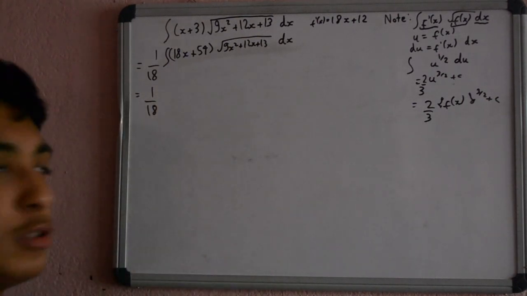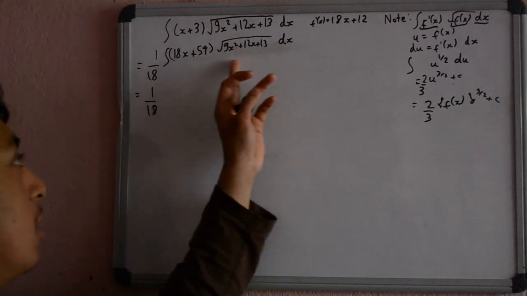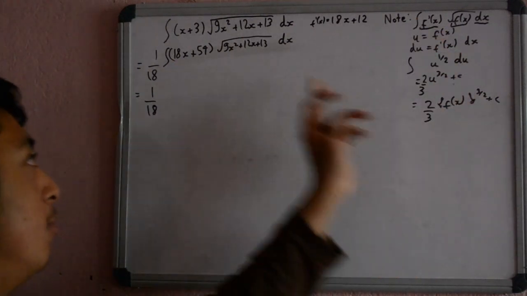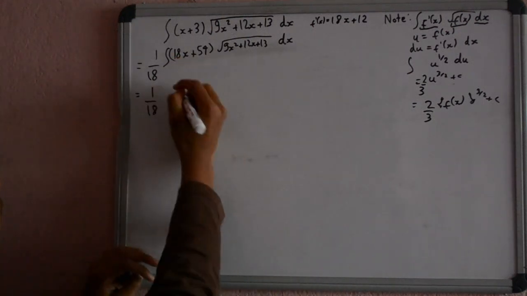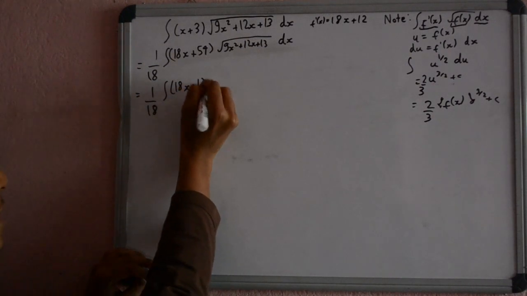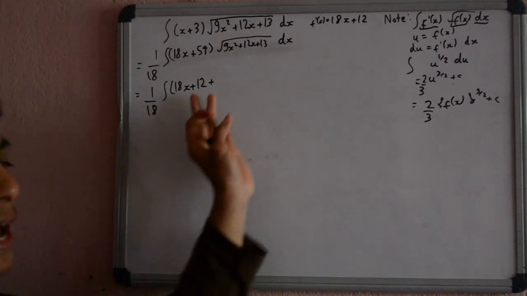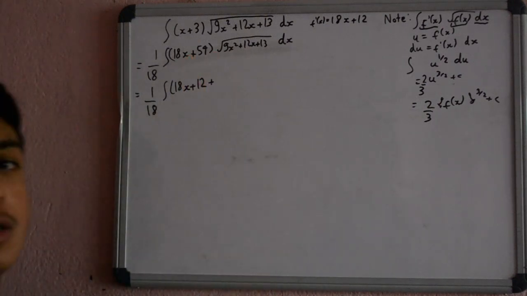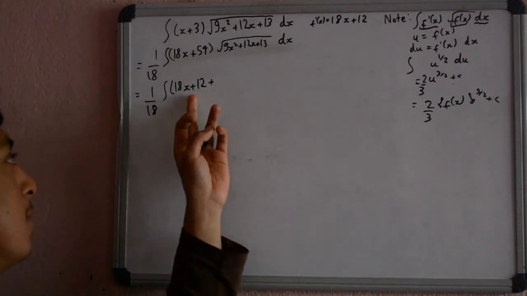Now, we need to have that plus 12 such that we can get this part over here. But we have an excess of that. We have 54. So let's just make that 18x plus 12 for now, and then let's see what 12 adds up to give us 54, because we originally had 54. We cannot just change that.